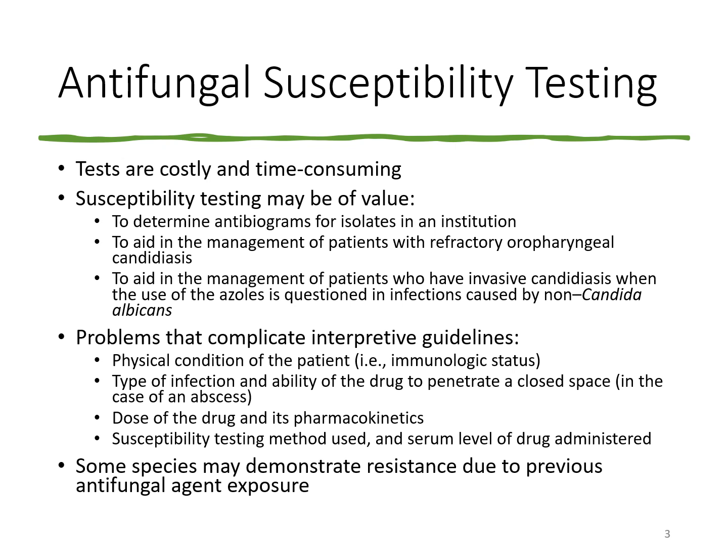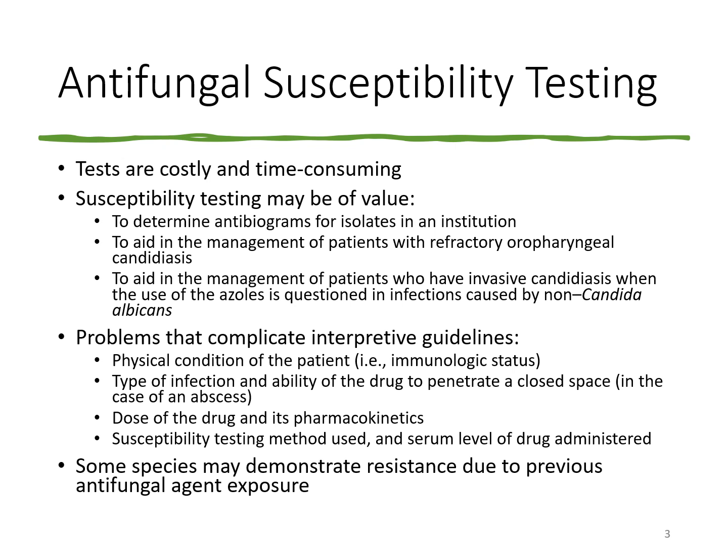Some of the problems that make it complicated to interpret the results will depend on the condition of the patient, the type of infection, and the drug's ability to penetrate the area where the infection is, the dose of the drug that's given, the makeup of the drug, and it also can be dependent on the method that was used for the susceptibility testing as to how accurate it is.